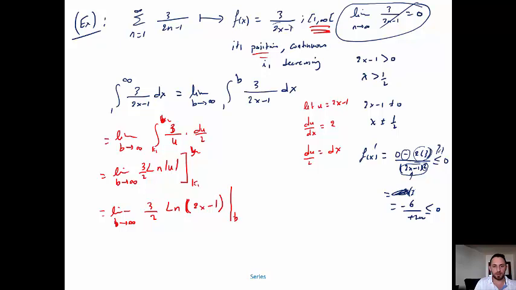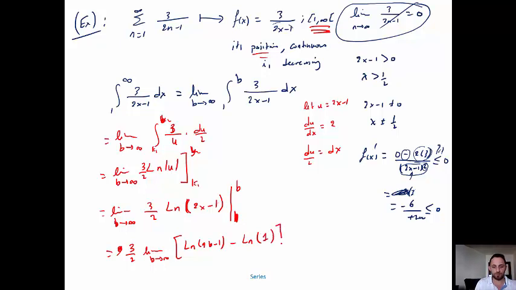So you can bring the constant outside. Limit as b goes to infinity. You replace b in the first step, minus, you replace 1 in the second step. 2 minus 1 is 1.